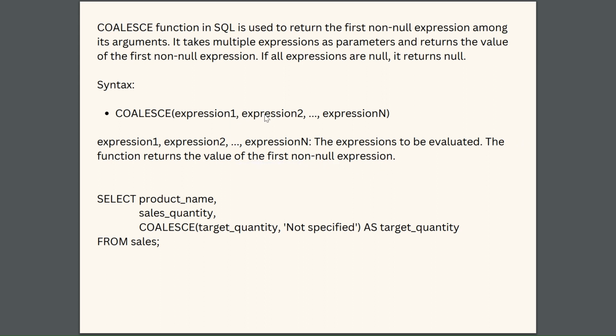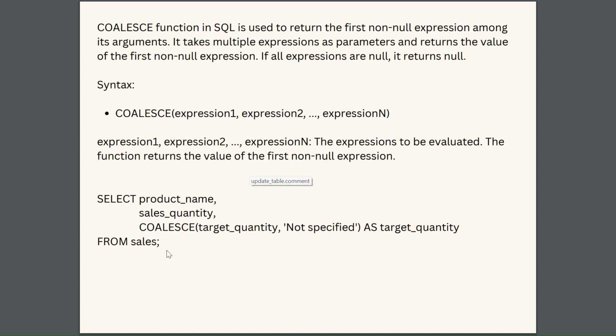Consider that expression 1 is null and expression 2 is not null. In that case, the output will be expression 2. Consider that expression 1 is null, expression 2 is null, and until expression n minus 1 it is null. That time the output will be expression n. The function returns the value of first non-null expression.